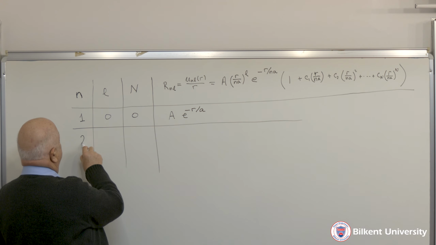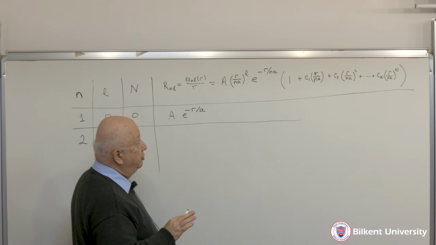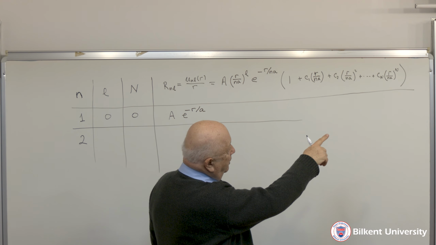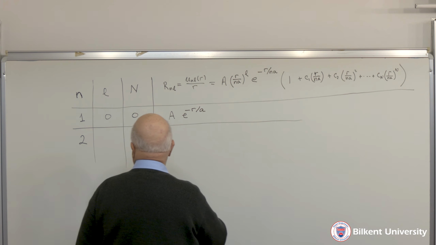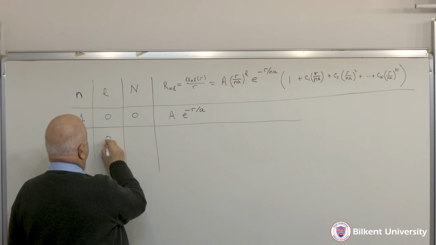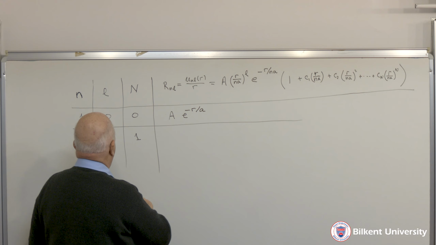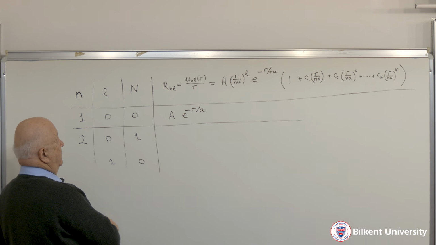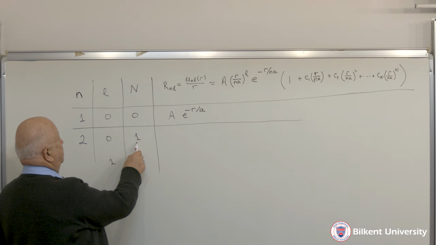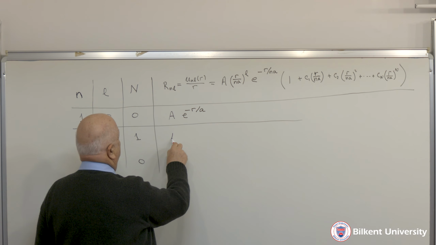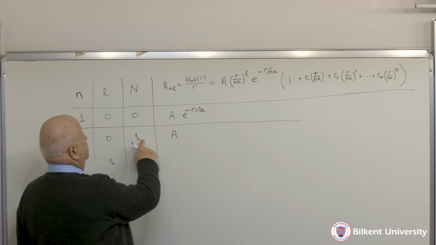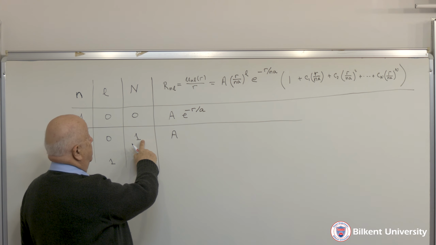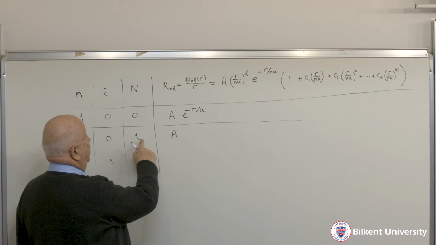What about n equal to 2? Now I have a choice because I can have L equal to 0 and n equal to 1, or L equal to 1 and n equal to 0. So let's go one by one. This is going to give me, again, a normalization constant, something to first power in the polynomial, but r to the L is 0.